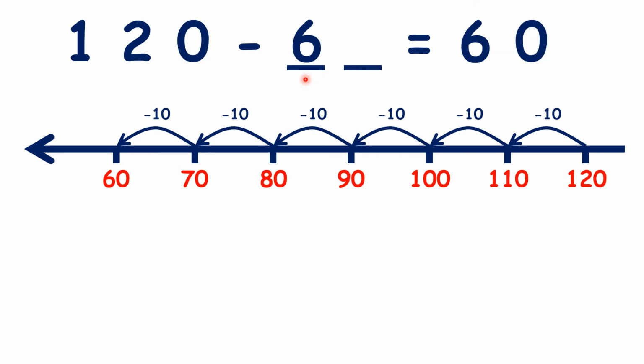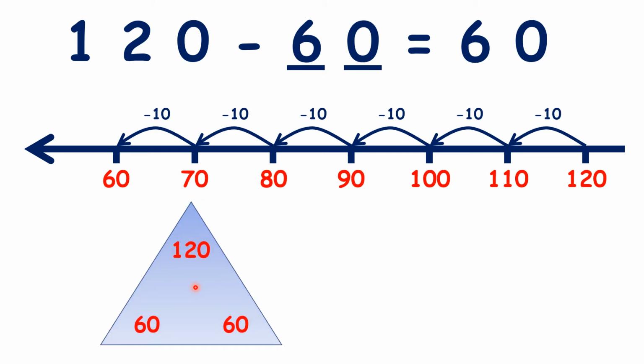But we don't want to just write 6, because 120 minus 6 is 114, not 60. So we need to show that this 6 stands for 6 tens, stands for 60. So we need a 0 in our units column.